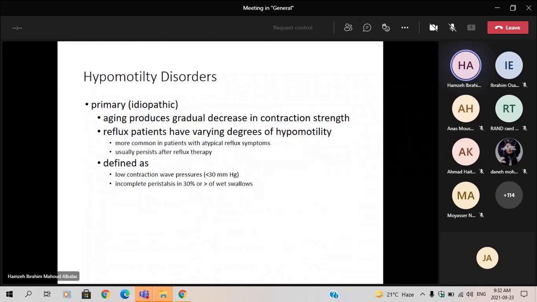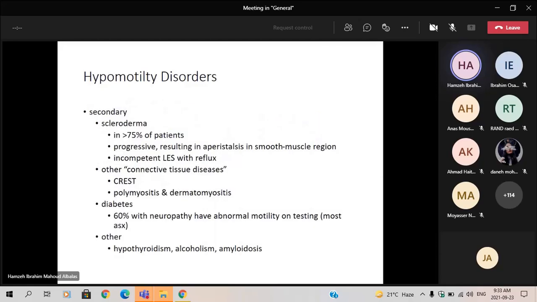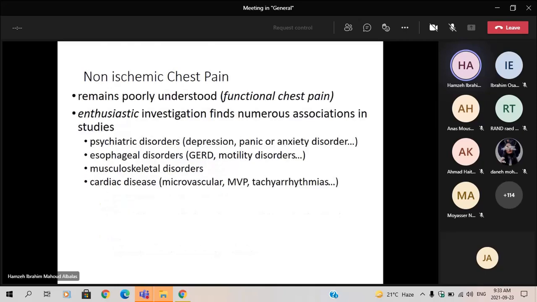Hypomotility disorder may be primary idiopathic; aging produces a gradual decrease in contraction strength. Reflux patients have varying degrees of hypomotility. Patients with atypical reflux symptoms, usually resistant to reflux therapy, are defined by low contraction wave pressure and incomplete peristalsis in 30% of wet swallows. Hypomotility disorder may be secondary to scleroderma, another connective tissue disorder like CREST, diabetes, hypothyroidism, alcoholism or amyloidosis.